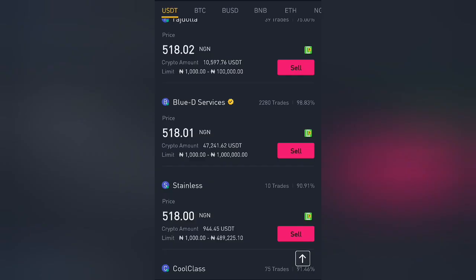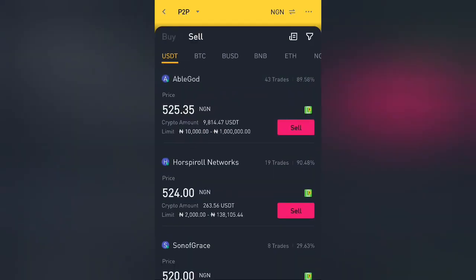When you want to sell your USDT, you can either go through this person, which would be a lot safer and better, or if you want to take the risk, you can scroll up. When you scroll up, you see a better offer. Now this guy, Able God, is willing to buy your USDT for around 525.35. If you sell your USDT to this guy, that means you've made a lot of money. You would have to make your choice if you want to sell to a more credible person or not.